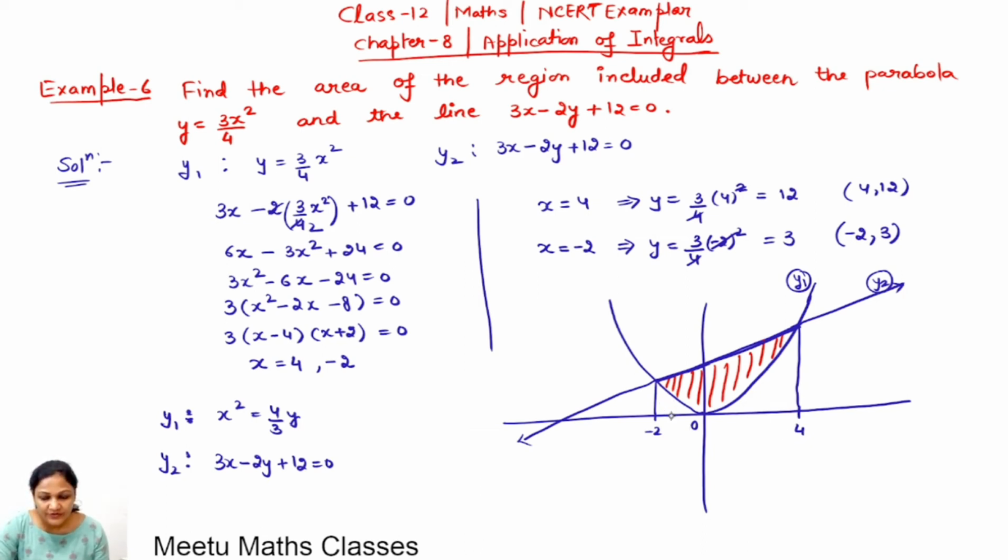So this area will be subtracted. So we will get the required area. So the required area is equals to integral minus 2 to 4.